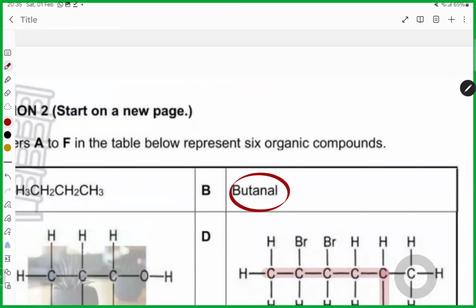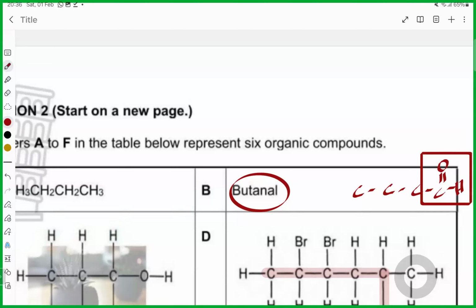What is the name of the functional group of compound B? I'm going to draw it for you. There is the functional group. What is the name of that functional group again? Formyl. Correct. That's the answer.